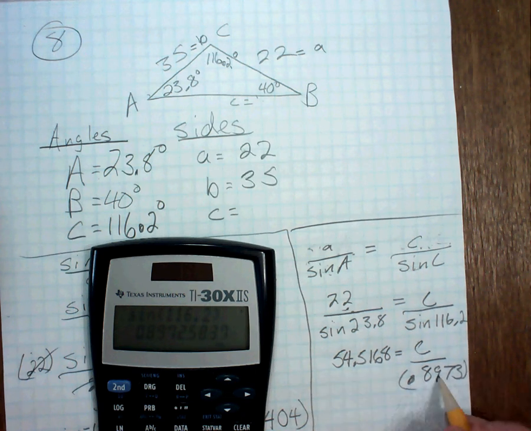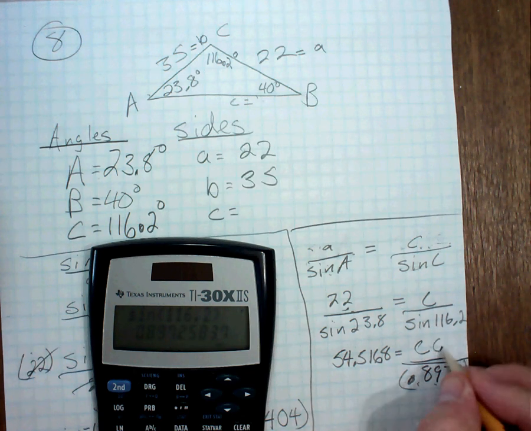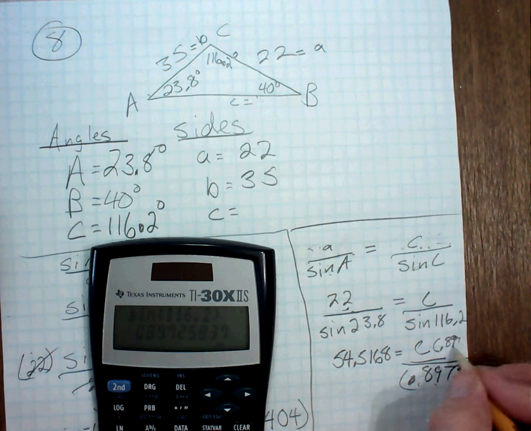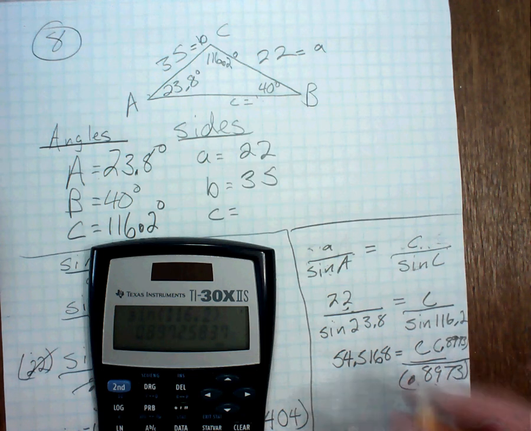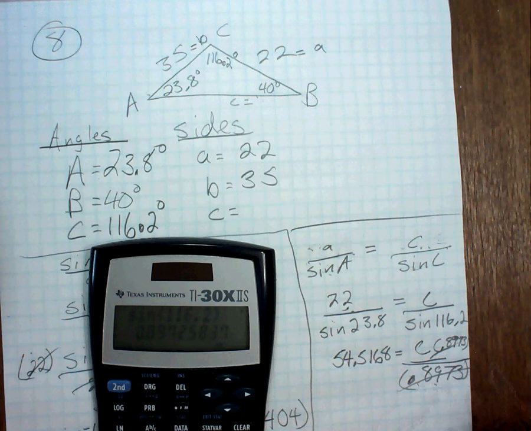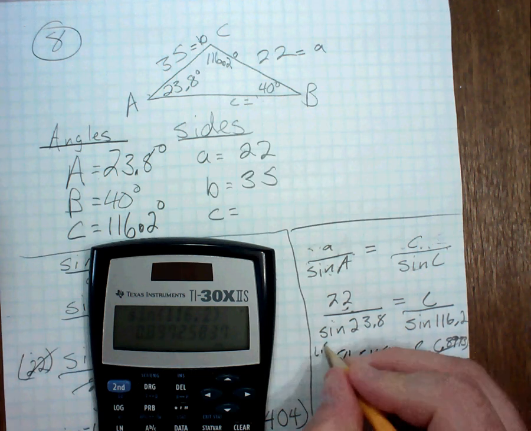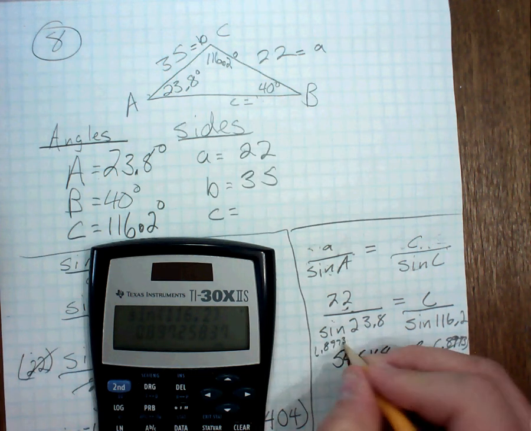Now remember, to get this out from under the c, I'm dividing by 0.8973, so I'm going to multiply the top by 0.8973, and then that will cancel with this, but I also have to multiply by 0.8973 on this side.